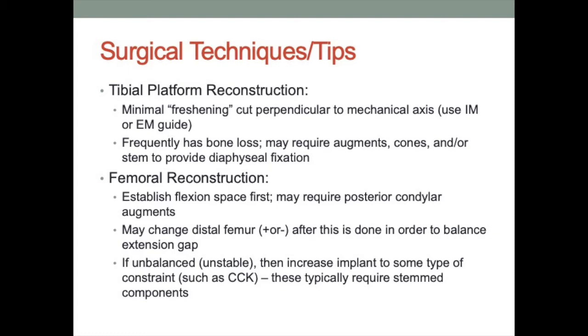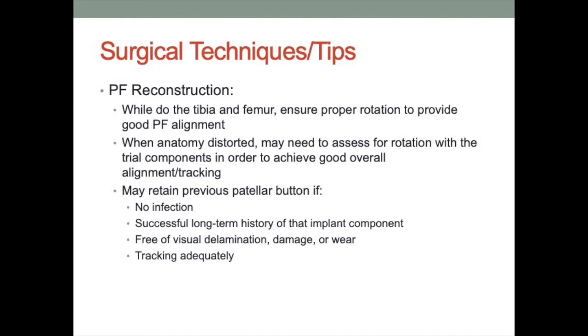If it's still unbalanced or unstable, you can increase the implant to more constrained, such as a CCK or even a hinge if needed. But if you're going to switch to that because of the loads that are transferred to the bone implant interface, you want to put at least a small stem on these, if not a diaphyseal fitting stem.